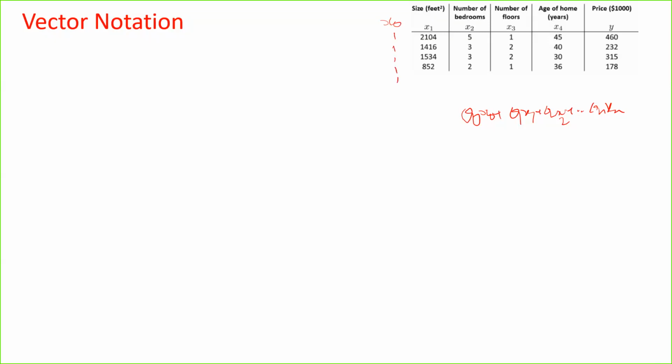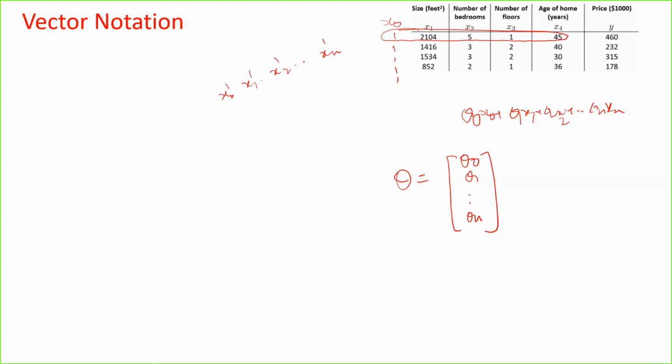Now, theta is one vector: theta naught, theta 1, and so on up to theta n. And this is one of the instances: x naught, x1, x2, and so on up to xn, where x naught is 1.